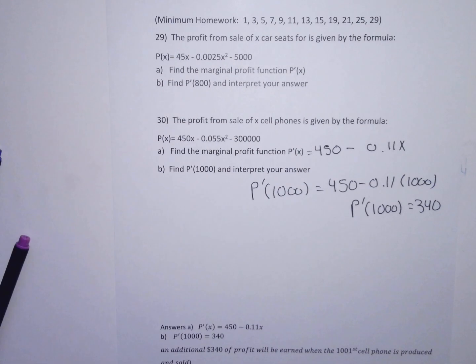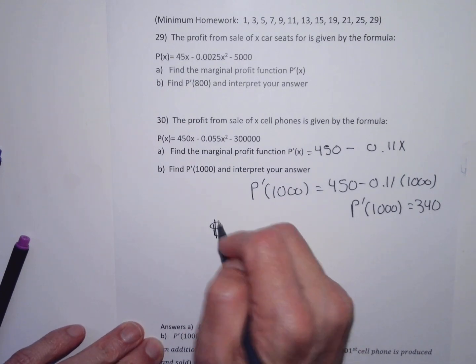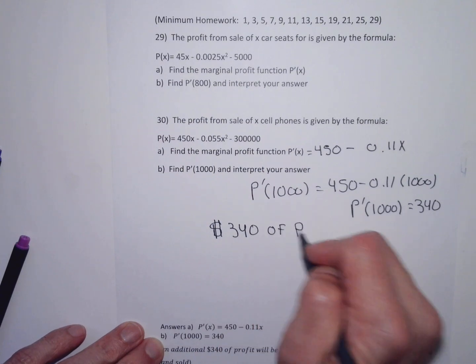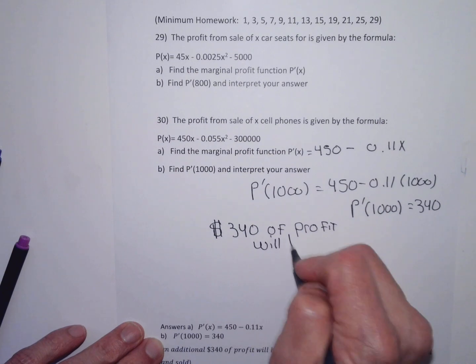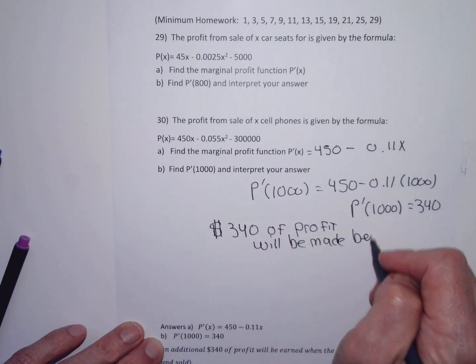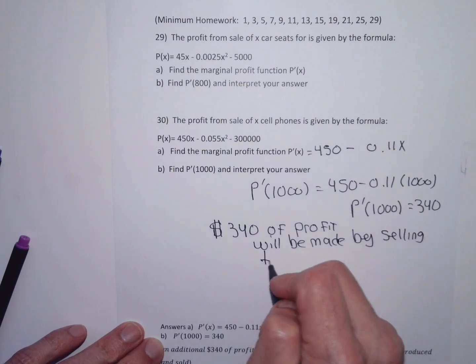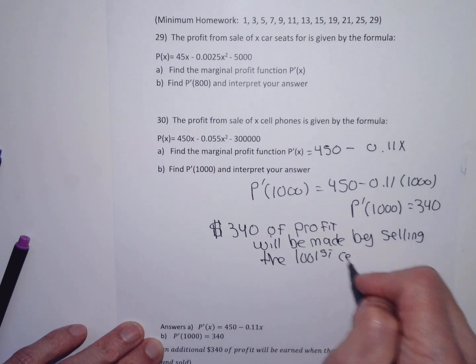So the marginal profit function evaluated at 1,000 cell phones gives me $340. And what does that mean? That means $340 of profit will be made by selling the 1,001st cell phone.